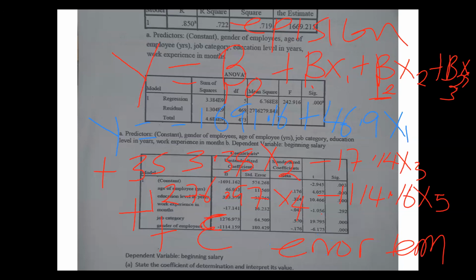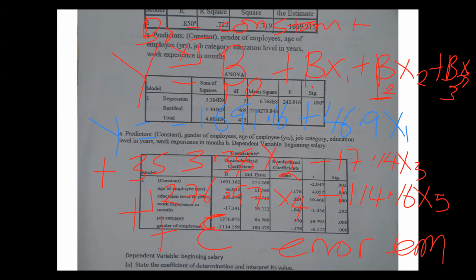What you would have to do is give a key on top. B naught refers to the constant. X1 is equal to age of employees.